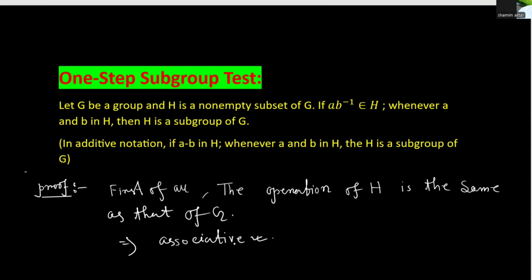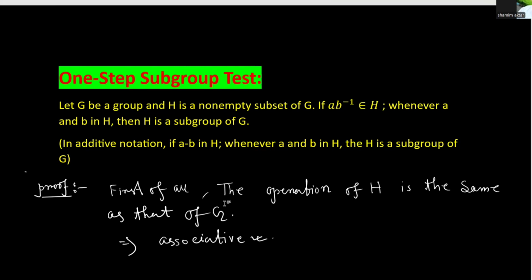Because H is non-empty, at least one element belongs to H, so this is my x. So by hypothesis, a b inverse also belongs to H.